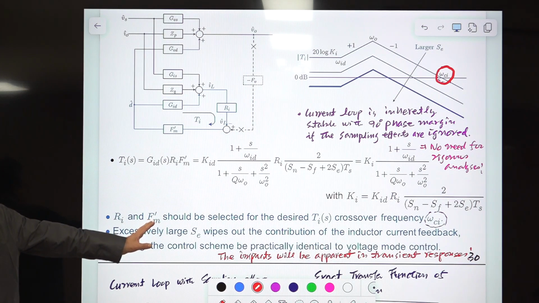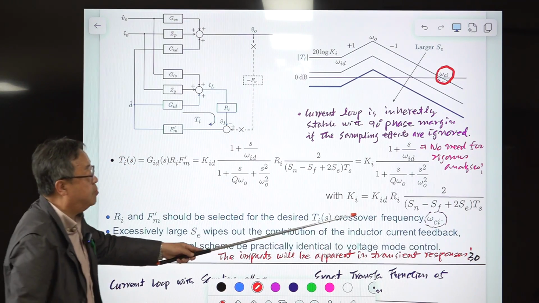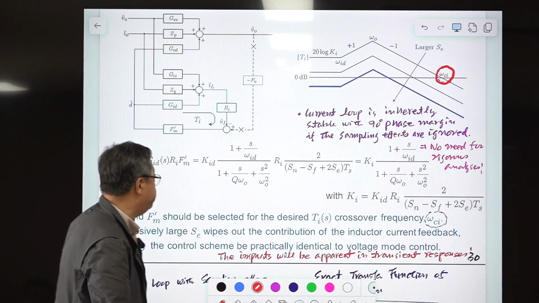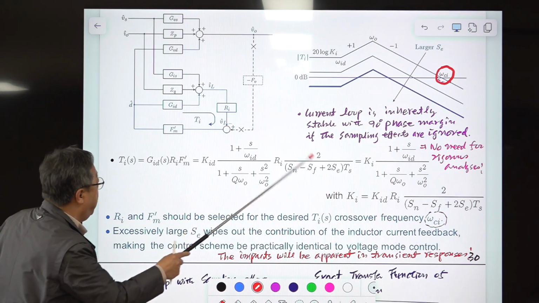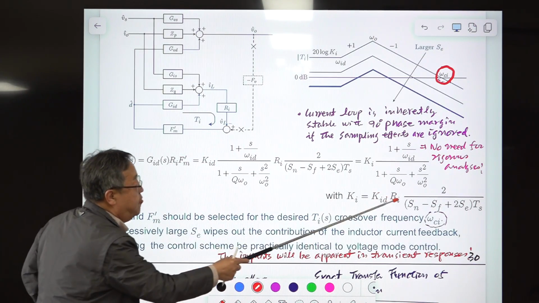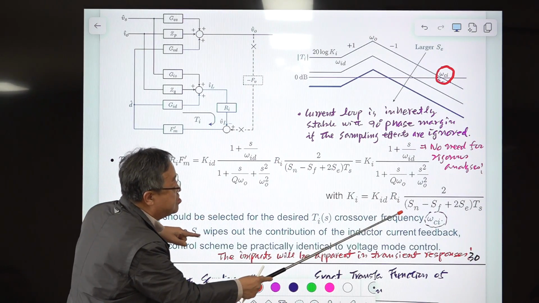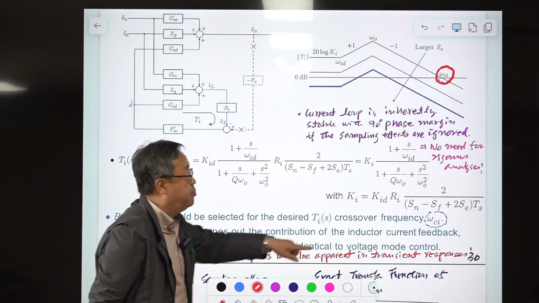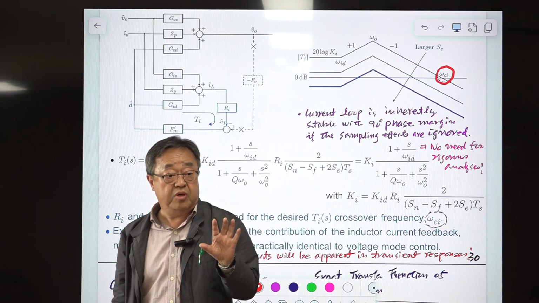Given the limit of the PWM IC and the maximum value of your inductor current, the only parameter you can play with is this Se. So if Ri and Fm prime are determined, and the current sensing network gain is determined, the only parameter you can play with is the slope of the compensation ramp.